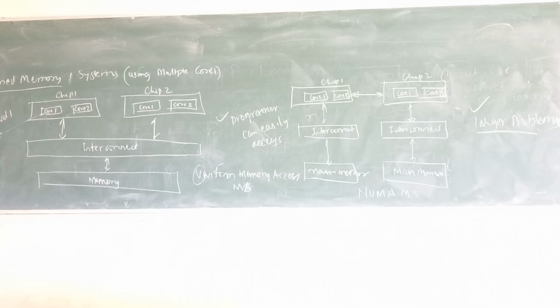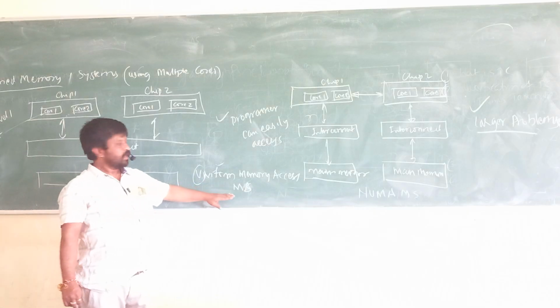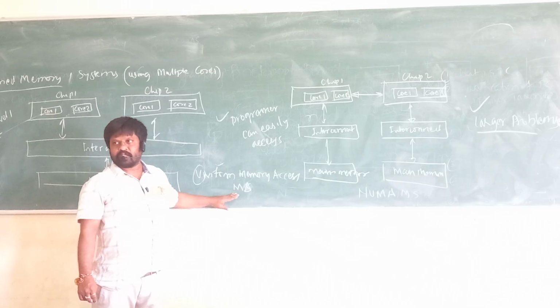In the uniform memory system, you will have the same time to access the memory locations from any core. That's why we call it uniform memory access multi-core systems.